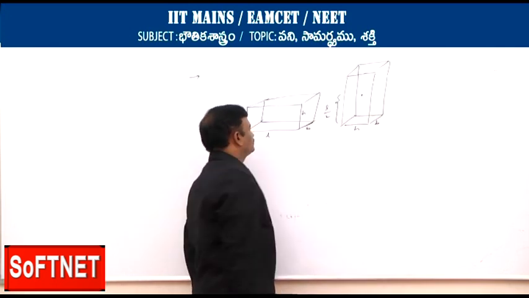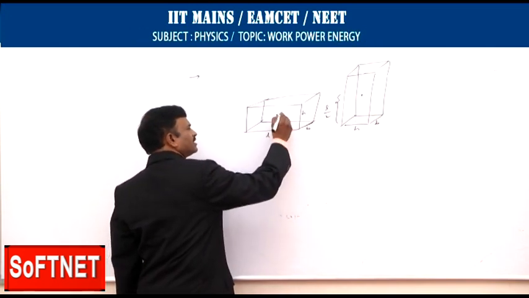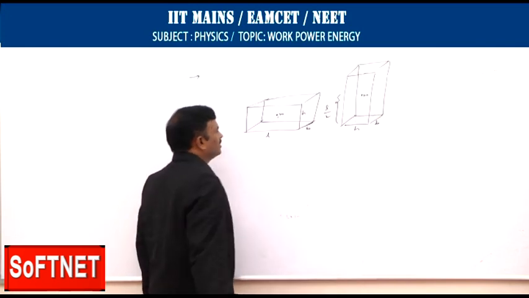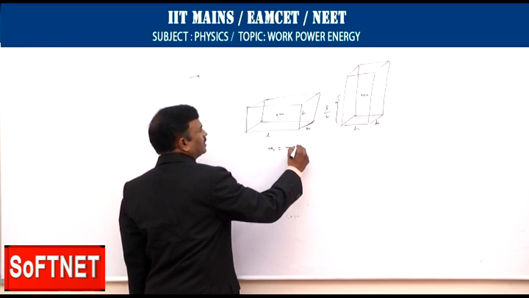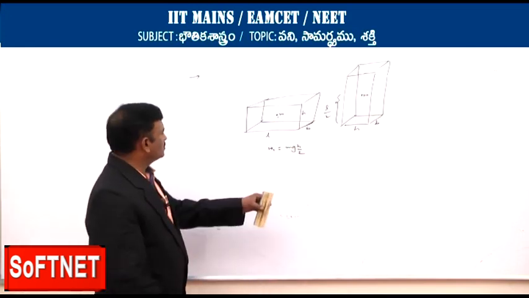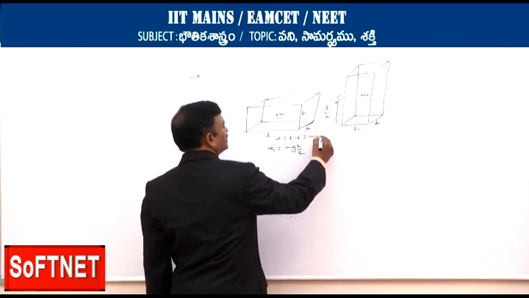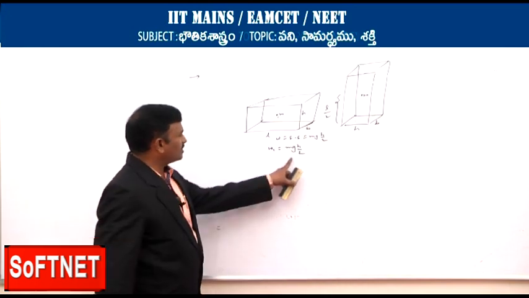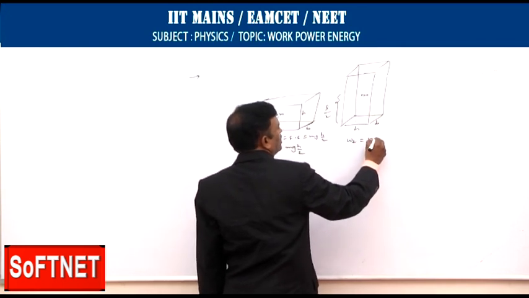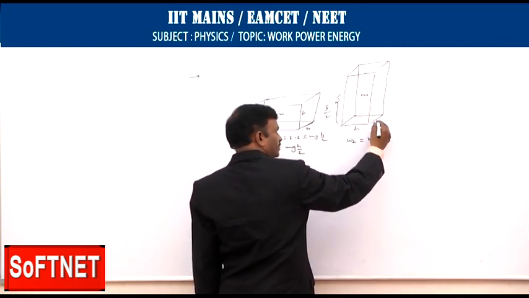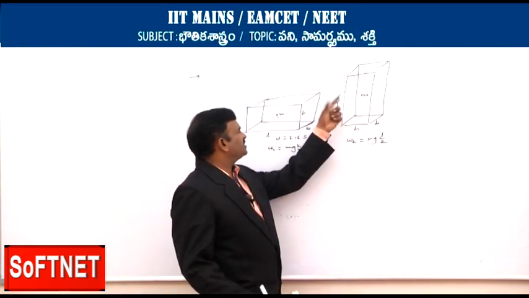L by 2. So the mass that was here before is finally here. The initial work W1 is mg h by 2, because work is force into displacement, force is mg, and displacement is h by 2. That is the reason W1 is mg h by 2. When it is shifted to the vertical position, W2 is equal to mg into L by 2, because in mgh, in the place of h we take L by 2.